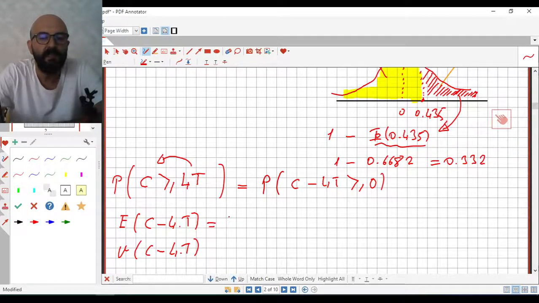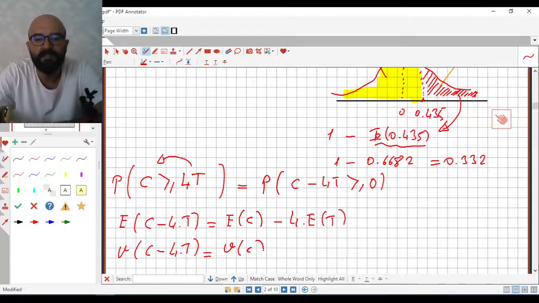It means the expected value of C minus 4 times the expected value of T, and the variance of C plus negative 4 squared multiplied by the variance of T.